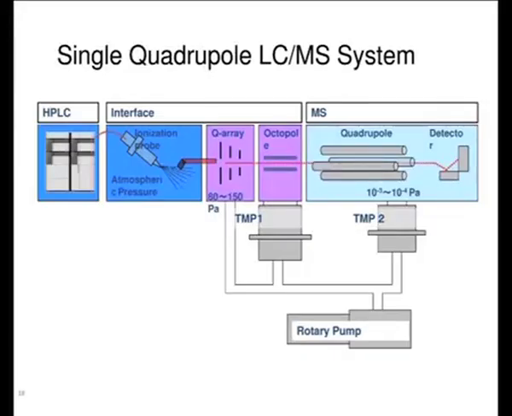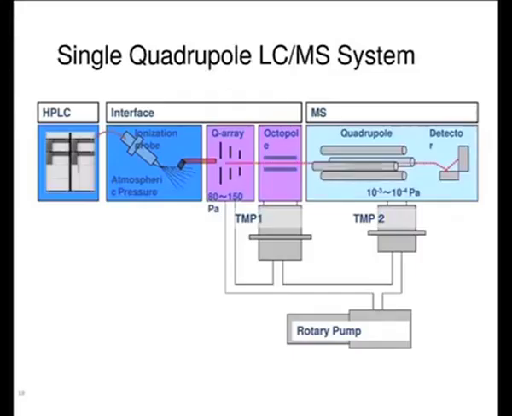All of this is under vacuum condition, and we are giving primary, secondary and tertiary vacuum. Generally for the low vacuum we are using a rotary pump, and for the high vacuum we are using a turbomolecular pump which can reach a vacuum up to 10⁻⁴ Pascal.